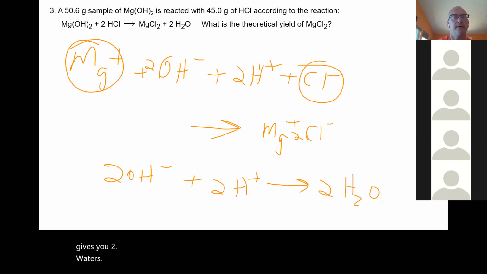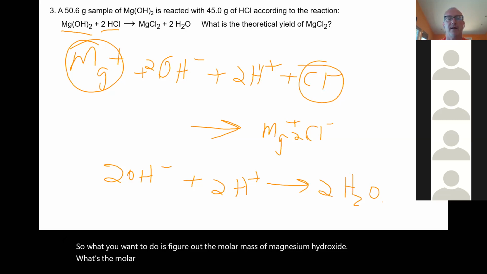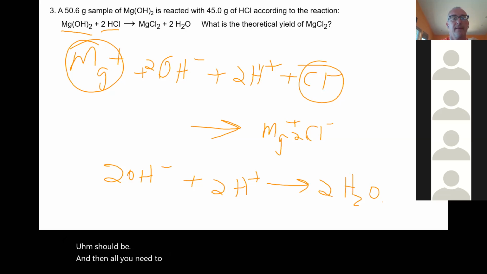So what you want to do is figure out the molar mass of magnesium hydroxide and the molar mass of HCl. Make sure this is a balanced reaction. It should be. And then all you need to do is figure out how much MgCl2 you'll get.